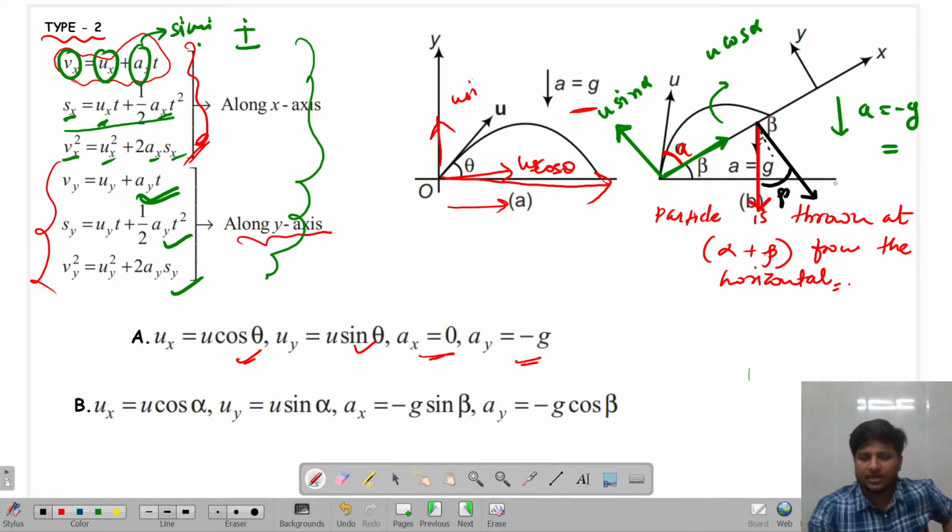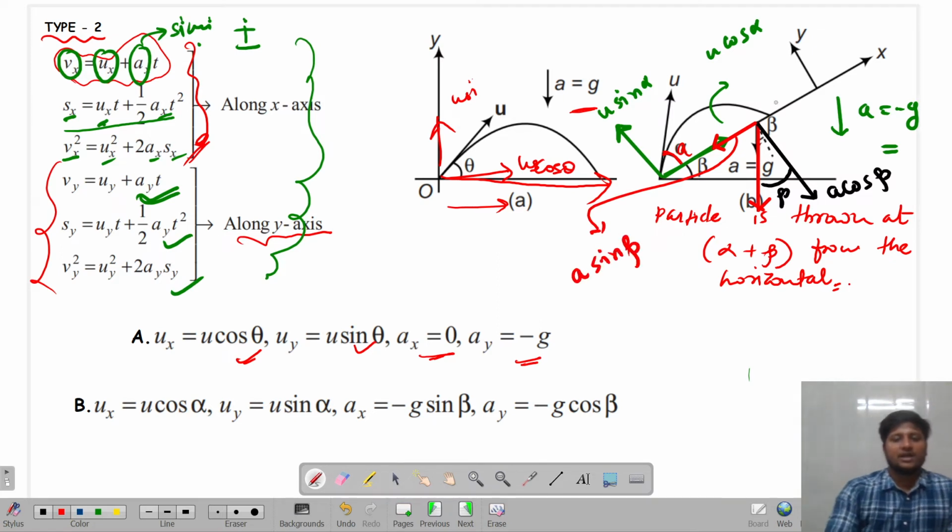Perpendicular to the inclined plane you will have the acceleration component g cos beta, while along the inclined plane the acceleration component is g sin beta. Got it or not? What is this value going to be? g sin beta.